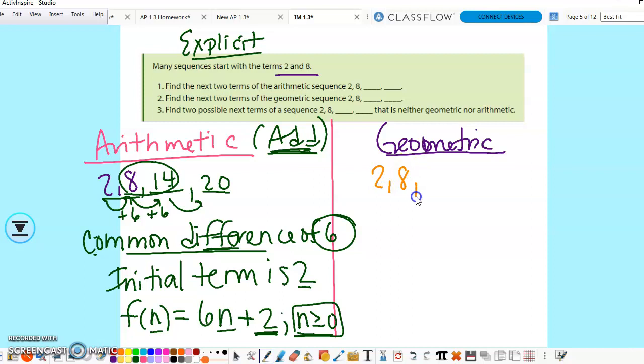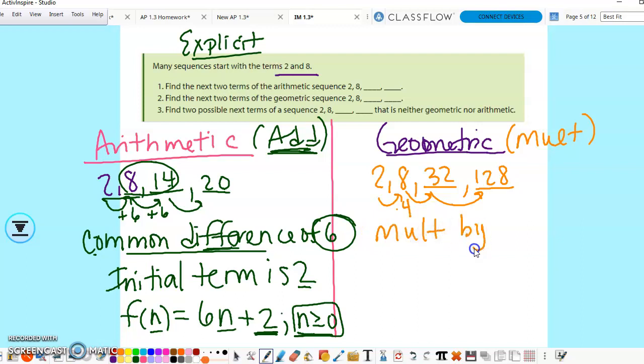All right, now let's change to see what geometric looks like. We're still going to start with 2 and 8, but because geometric is multiply, what are we multiplying by here? We are multiplying by 4. So multiply by 4 again, and by 4 again. So this is a geometric sequence because we are multiplying by a common ratio this time of 4.